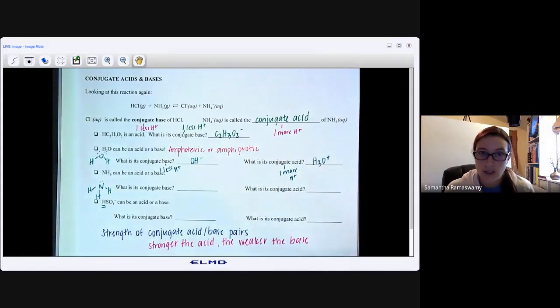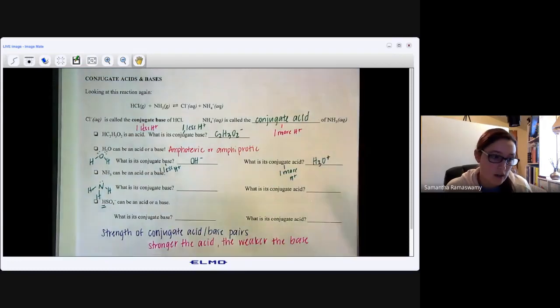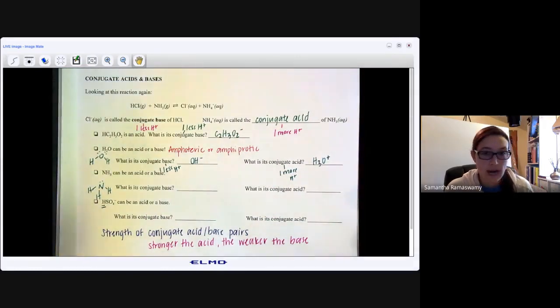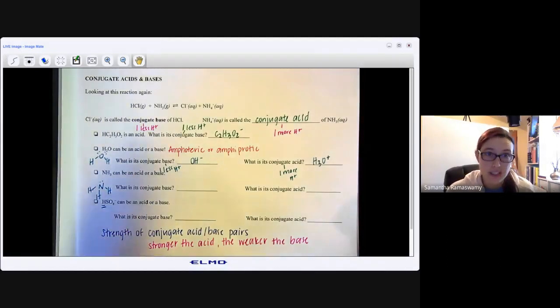So if you have a list of 4 acids, and it asks which of the following is the weakest base, well, the stronger the acid, the weaker its conjugate base.